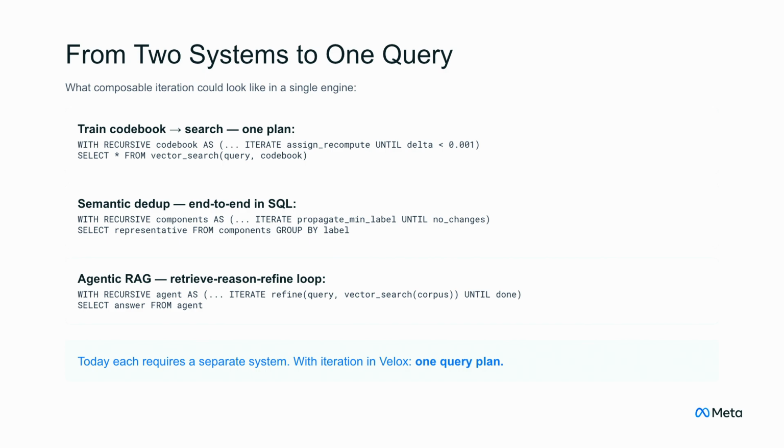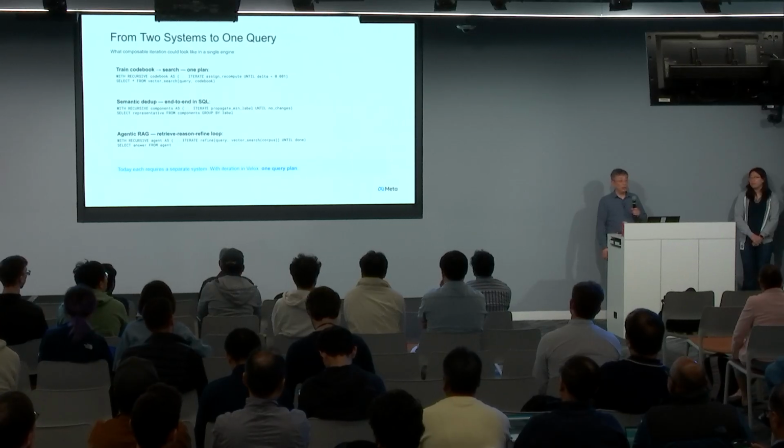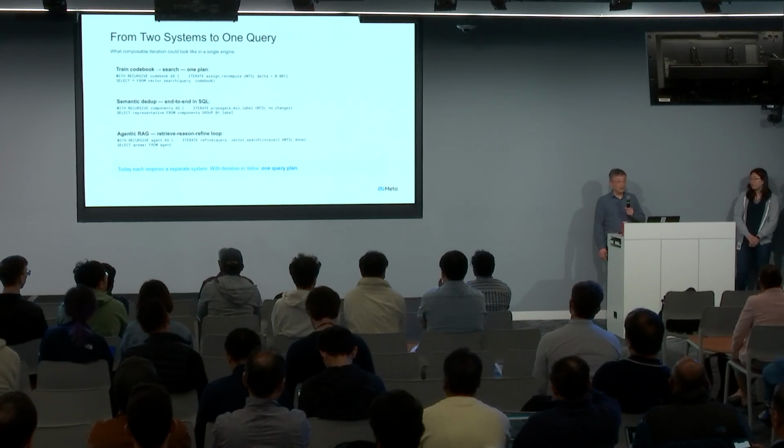Similarly, for semantic dedupe, you can do everything in SQL, in one system. You don't have to do data transfer. For agentic AI, today you have to do custom orchestration. If we can do iteration in Velox, then you can do everything in one system, even express it in SQL. With that, I'm going to transfer this to Jingfang, who is going to explore the design space and also showcase a prototype.